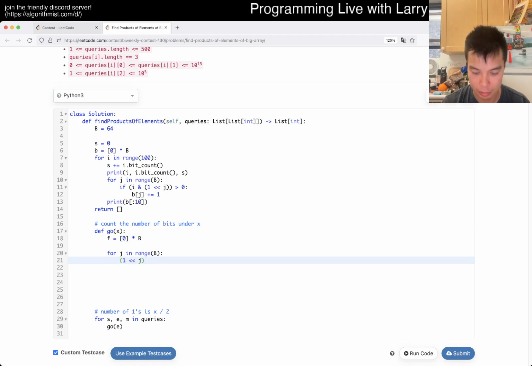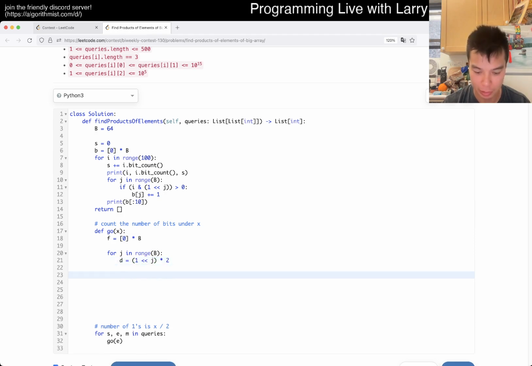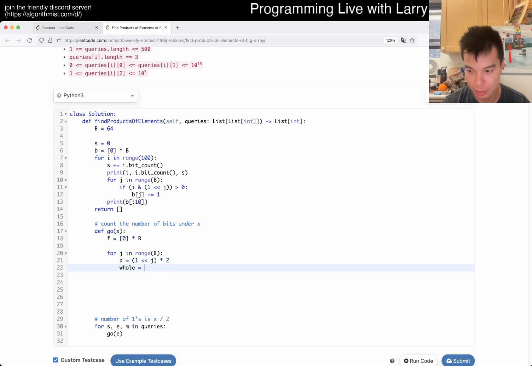So D is equal to this, and you want it times 2. And then whole is going to be X divided by D. That's the number of whole pieces.